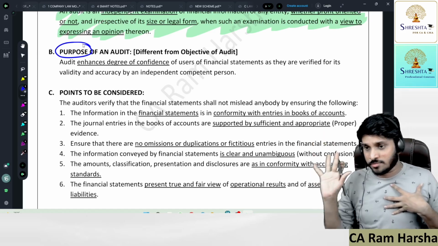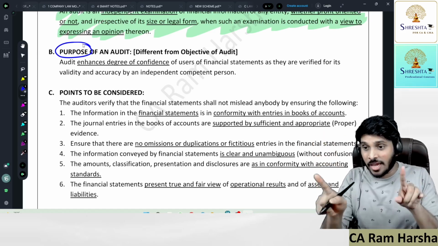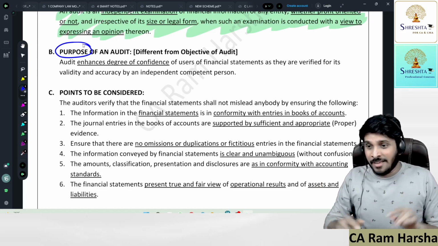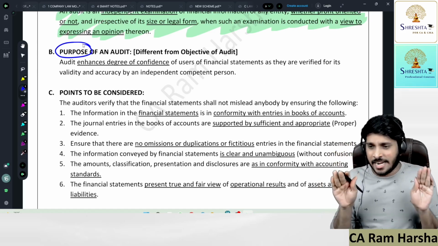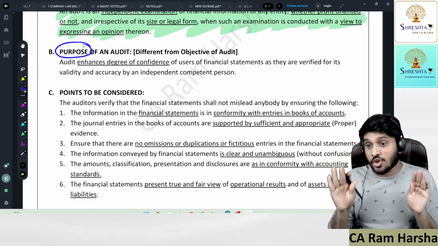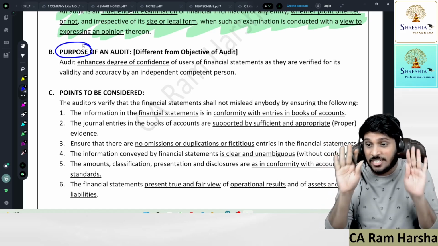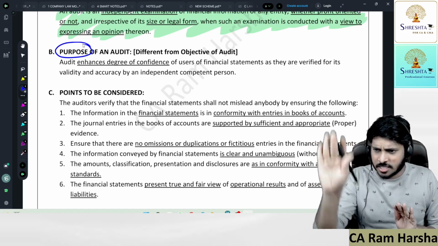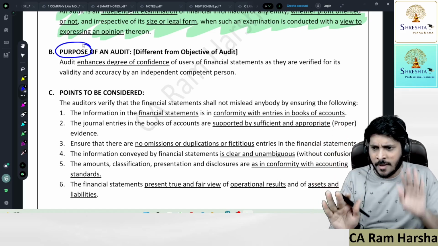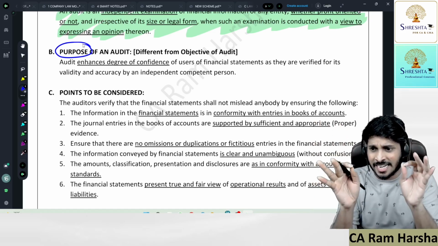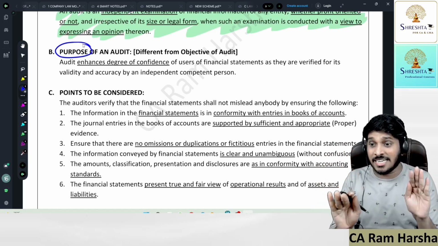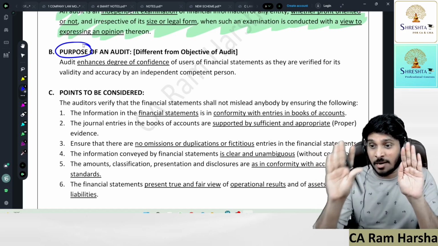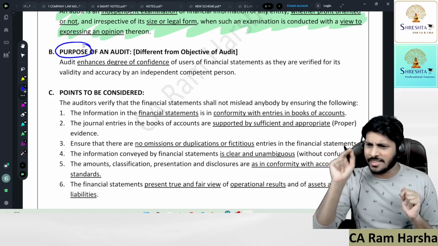Same way, what is the purpose of audit? When a business organization is giving its financial statements, look, this is my business, this is what happened in my business, these are the sales, these are the expenses, this is the profit, these are the assets, these are the liabilities, this is the net worth. When business entities are giving their position and performance papers, are they right or not?